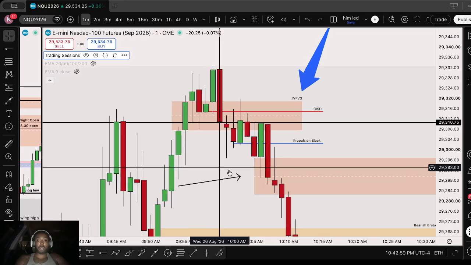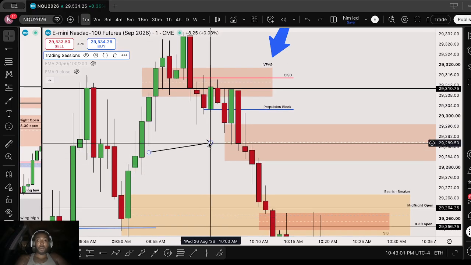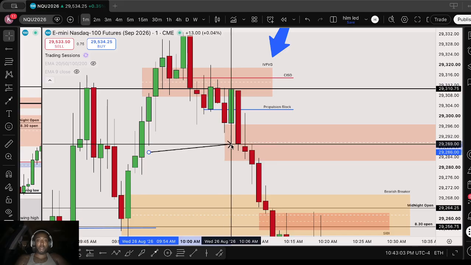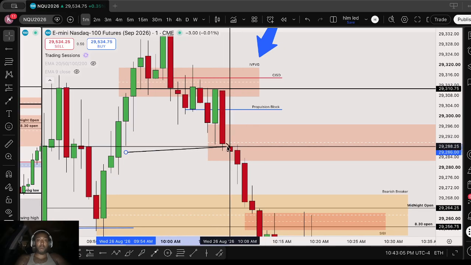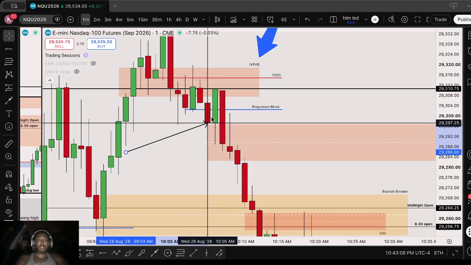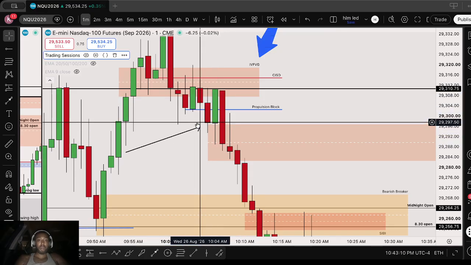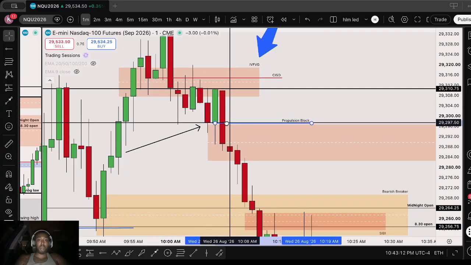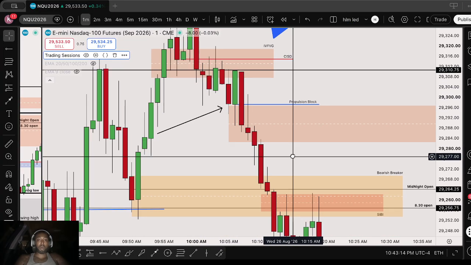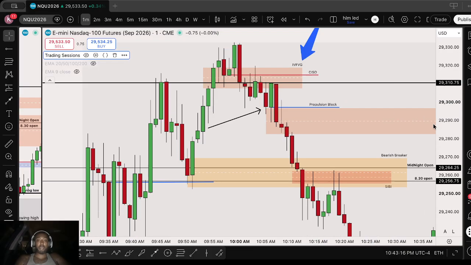Now we got a propulsion. Look at the order block here. Look how this candle right here opened and went up, touching this down close candle. So this is actually another order block right here. Let's just call it a propulsion. And look at the speed.